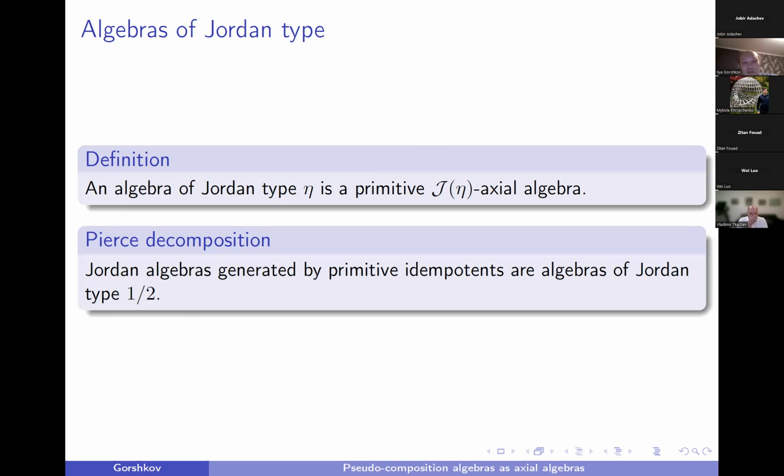If we take a Jordan law of type eta, then an algebra of Jordan type eta is a commutative algebra generated by primitive axes of Jordan type eta. And this fusion law has the name Jordan, because Jordan algebras have a Peirce decomposition.